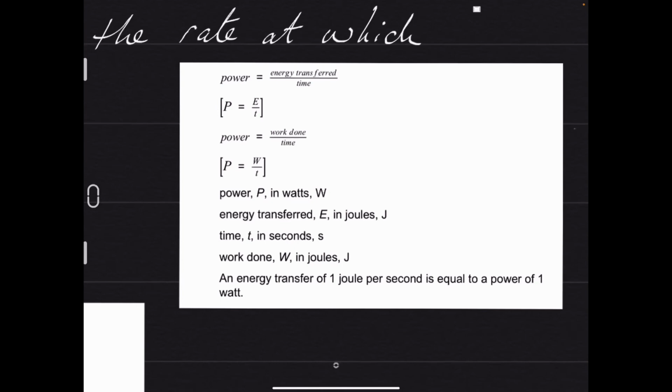So in one sense, we are working out one and the same when we're talking about energy transferred and when we're talking about work done, because the units of energy transferred are joules and the units for work done are joules as well. And the equation stays the same.